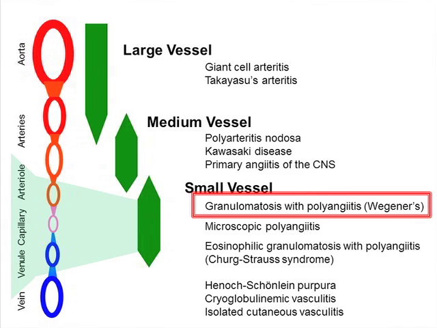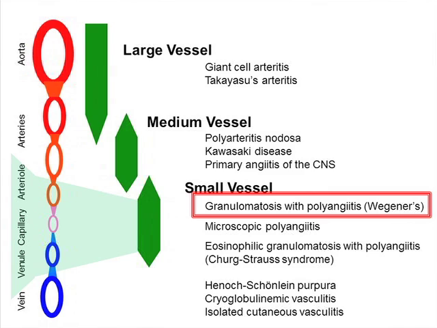So when we think about our primary vasculitic diseases, although there is no absolute in terms of what vessels are affected, these are often grouped according to their predominant size. Large vessel vasculitides, such as giant cell arteritis and Takayasu's arteritis, medium vessel diseases, such as polyarteritis nodosa, Kawasaki disease, predominantly of children, and primary angiitis of the CNS, and then the broadest group, which would be the small vessel vasculitides, which include a diverse number of diseases.